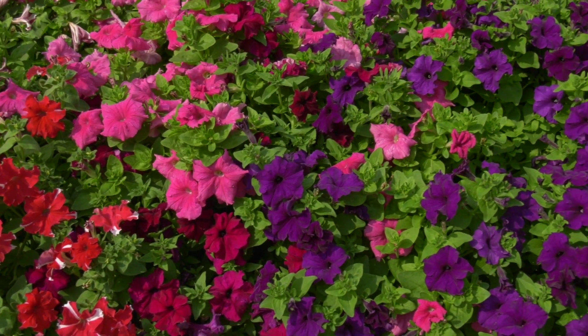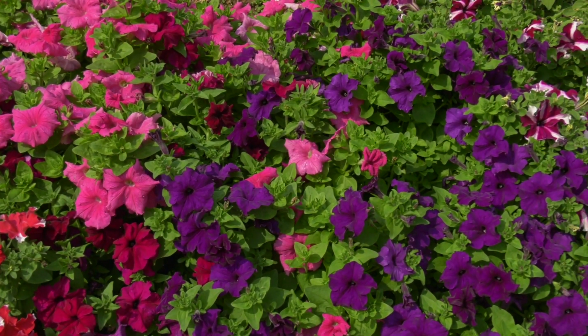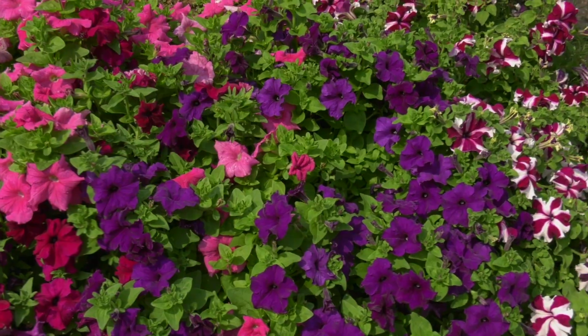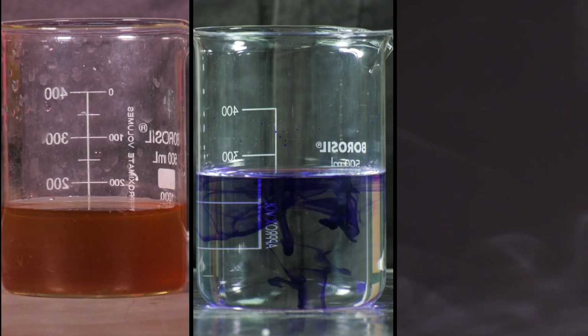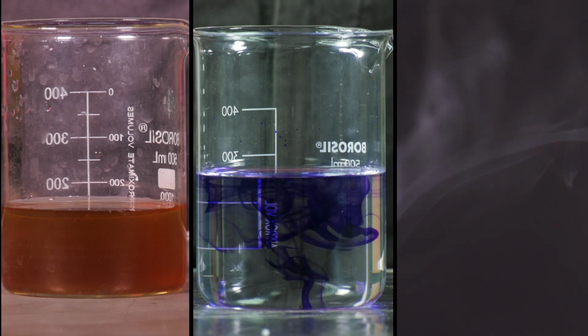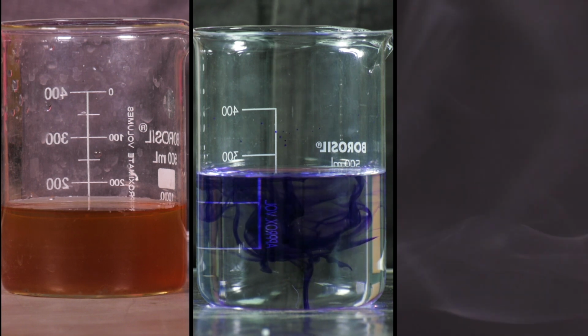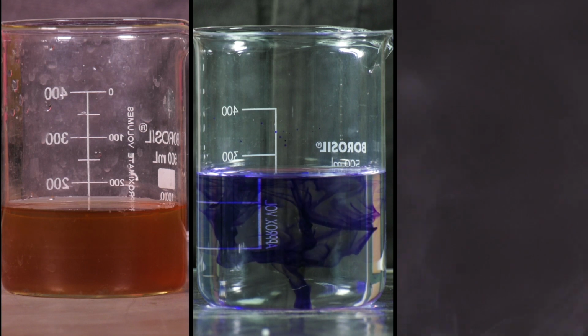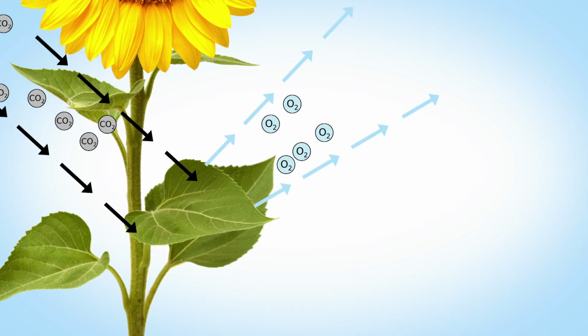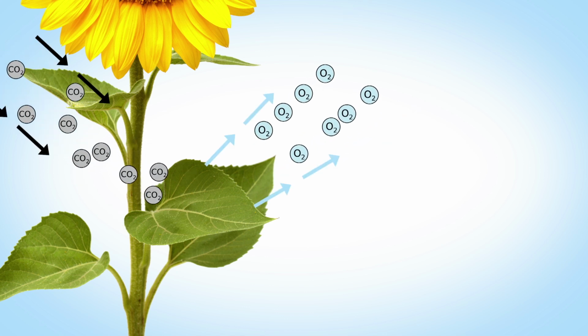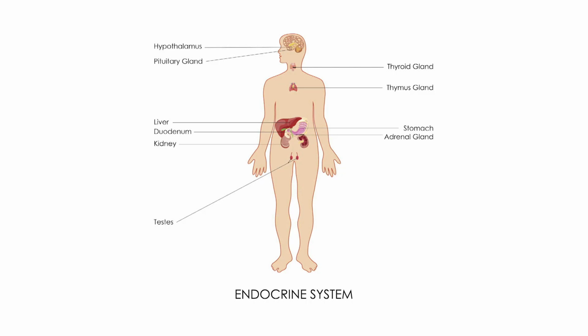Diffusion is the most fundamental process in biological system. Although it is merely a passive physical process, it has enormous significance in physiological processes of plants and animals. Gaseous exchange in living organisms occur due to diffusion.